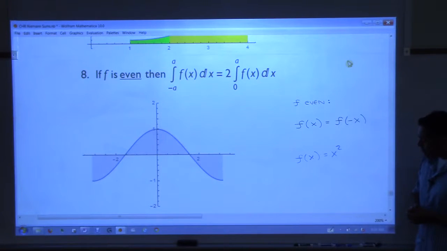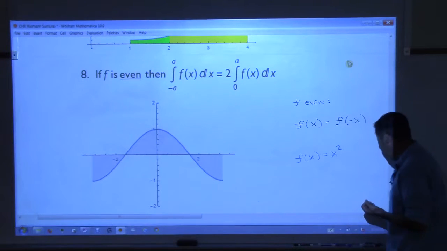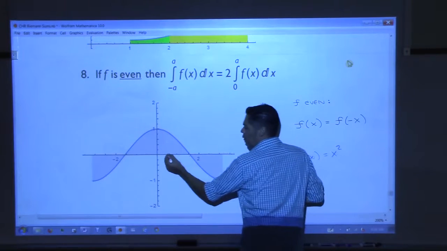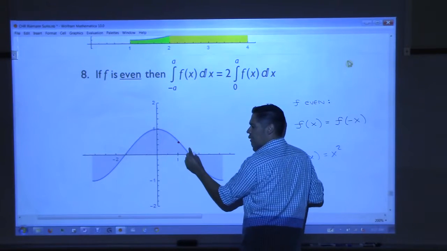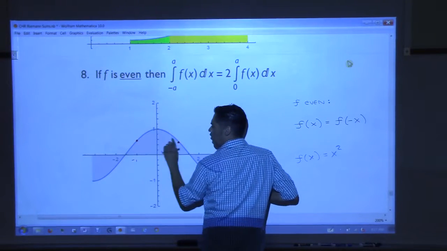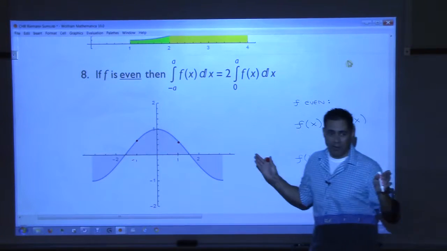So when you look at the graphs of even functions, they have a property to them. If you graph them, like if you plug in some value, let's say 1, you get an answer. If this is an even function, you get the same answer when you plug in negative 1. So these points are directly across from one another, and that works for every point.